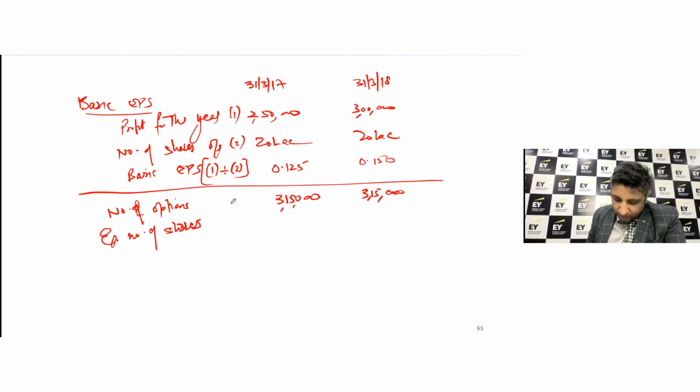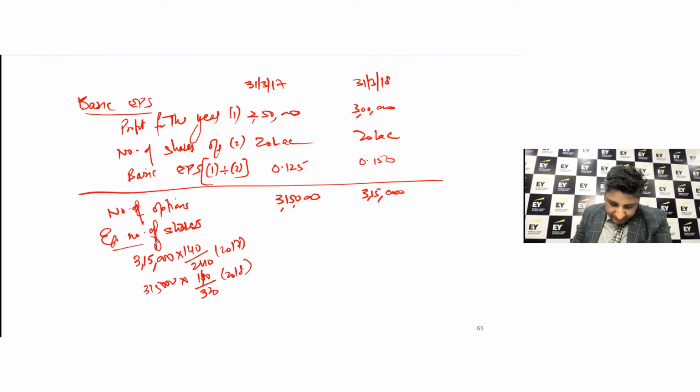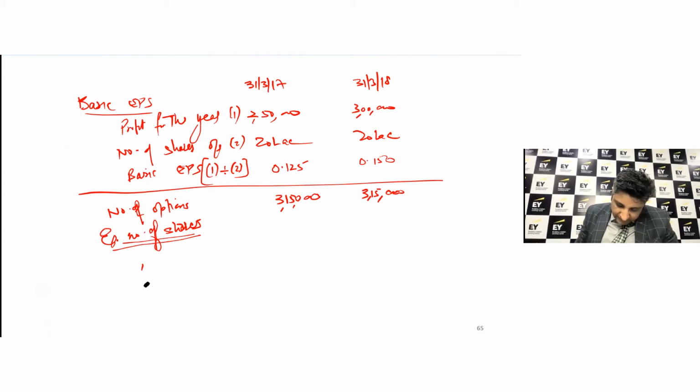So the way we calculate this is that instead of taking the equivalent number of shares, we might rather want to take, for example, what is that free element? So we can use it in the same column: the shares issued for nil consideration.